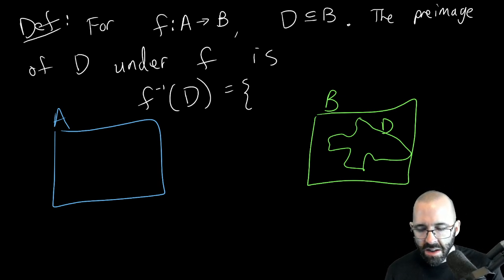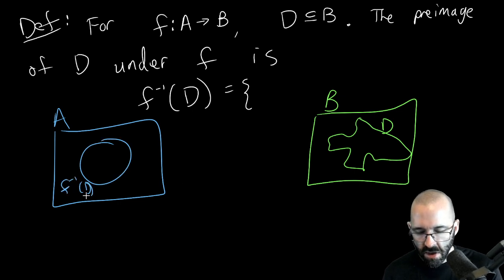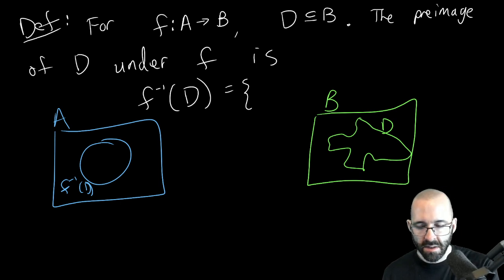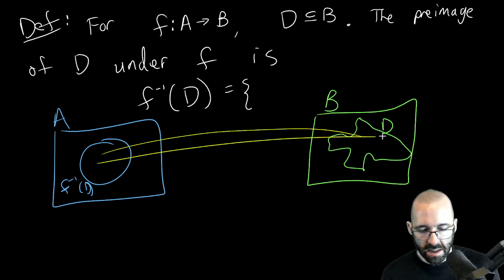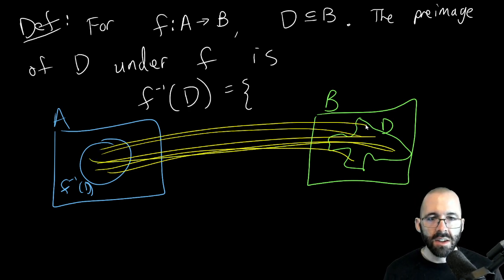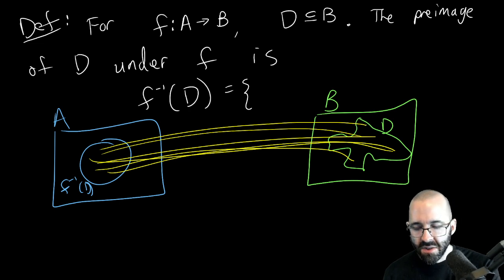It's just all the elements in A that went to that subset in D. So it's actually supposed to be the exact same picture. It's just backwards.